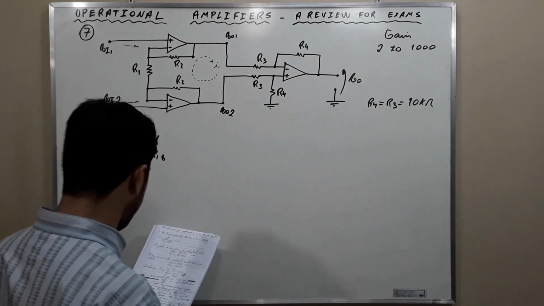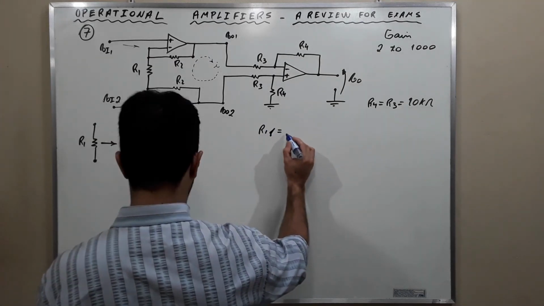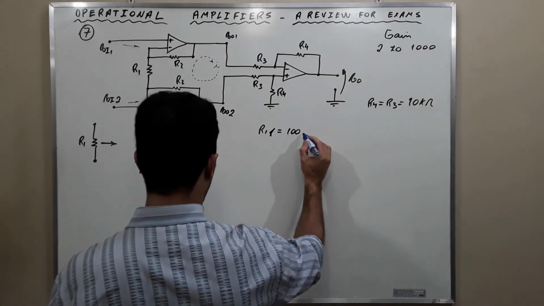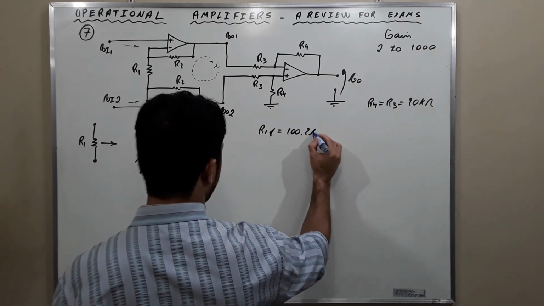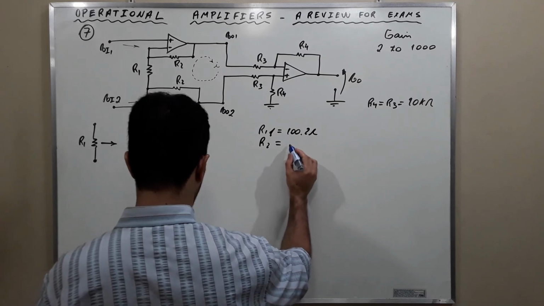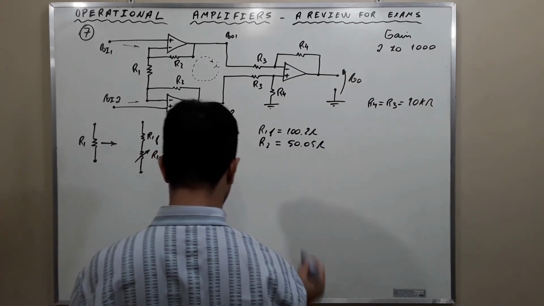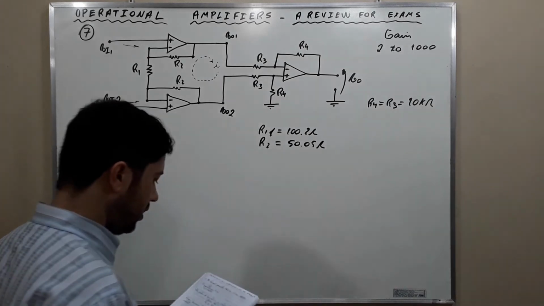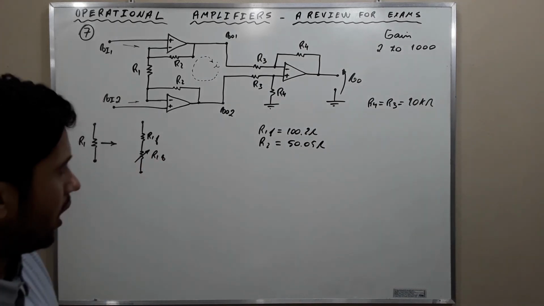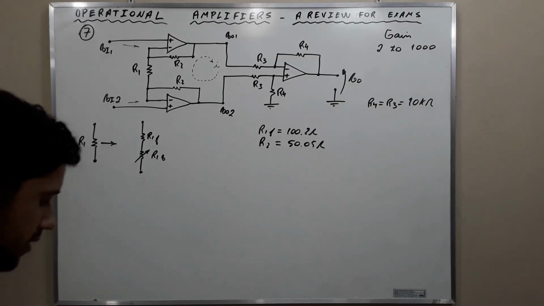Solving this system, we find that R1F is equal to 100.2 ohms, R2 is equal to 50.05 ohms, and among commercially available resistors, we may select.